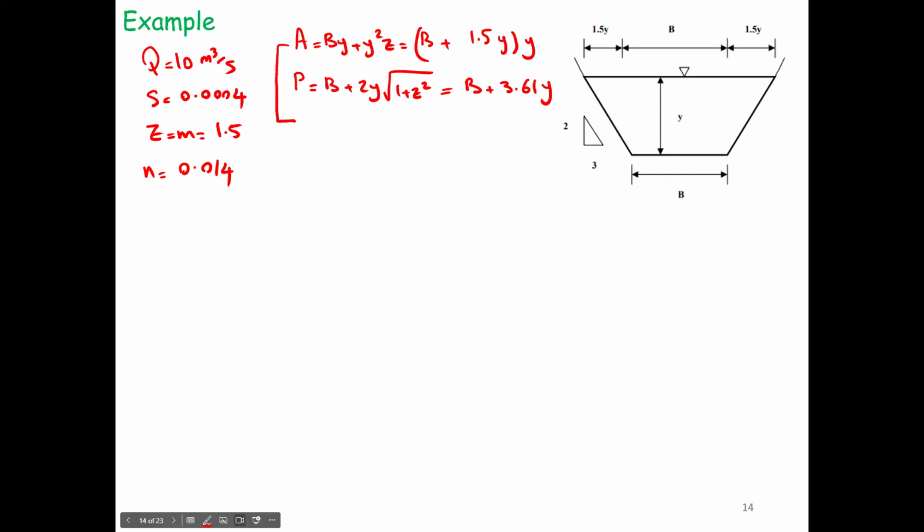From here, because I like to have B based on Y, I will write B based on area and Y. I will call this one number 1, number 2, because probably I will use them later. So I want to reference them when I'm using them.